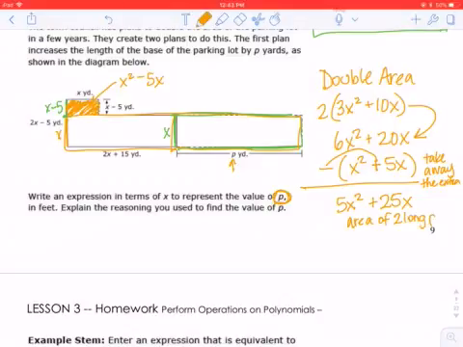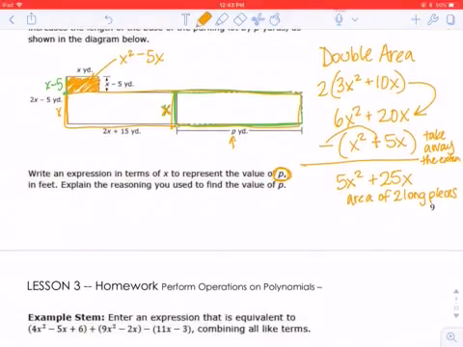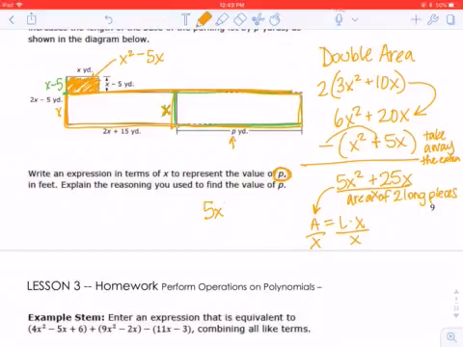The 2 long pieces together have a width of x. We know that all of this together is this area here. Area is length times width, and the width is x, so I'm going to divide by x. We have 5x squared plus 25x divided by x.